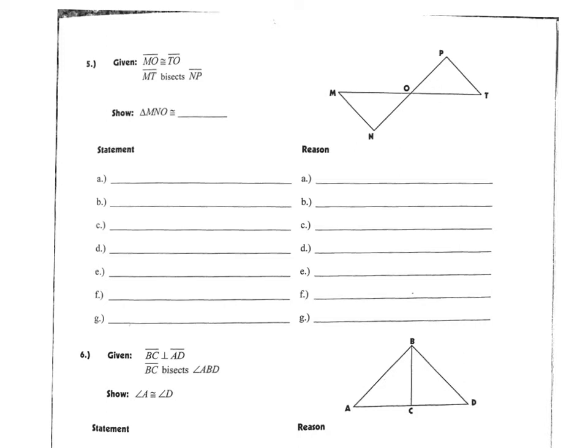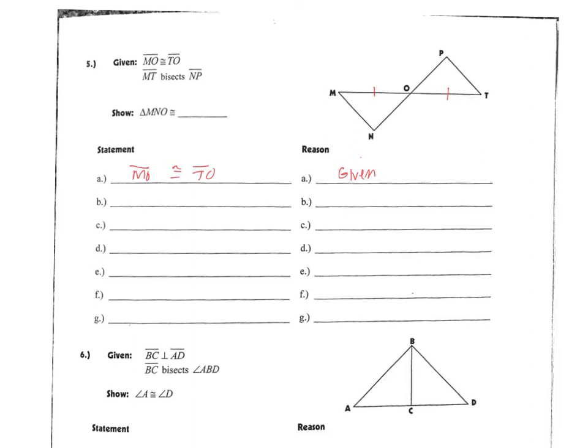Our first piece of given information is that we have segment MO, and that is congruent to segment TO. So let me mark that off here, that we have segment MO congruent to segment TO, and that is given. And then we think, well, what information can we draw from that?